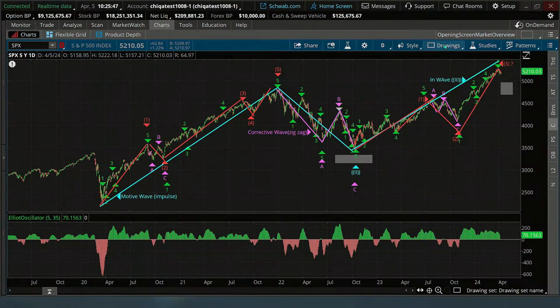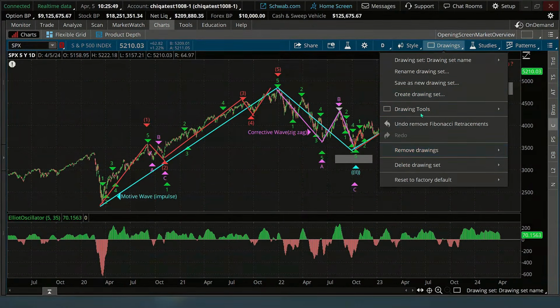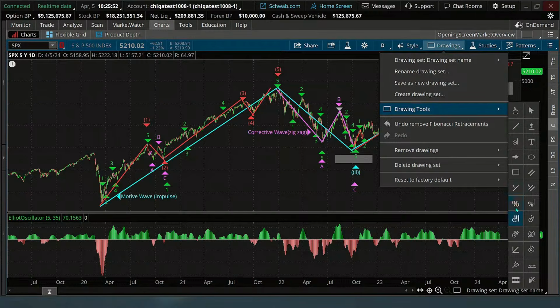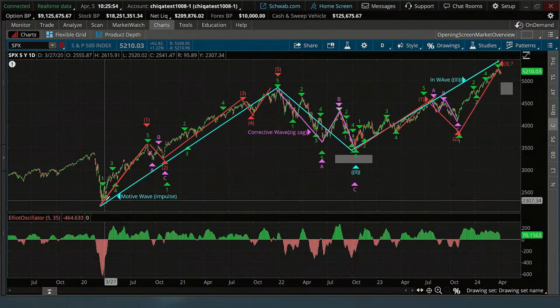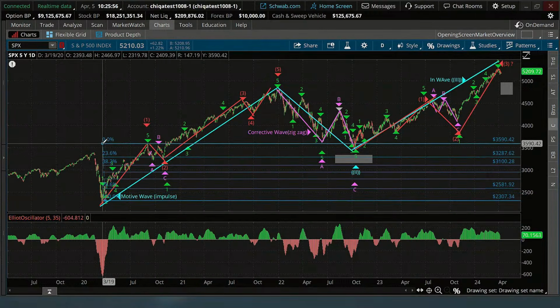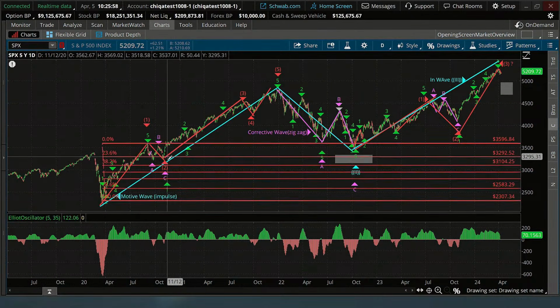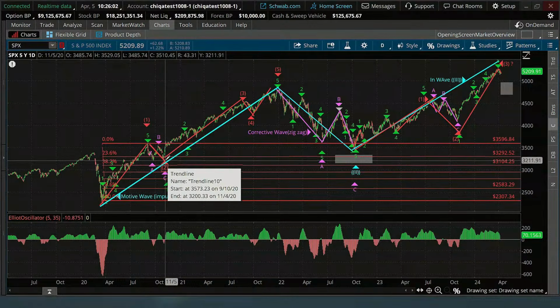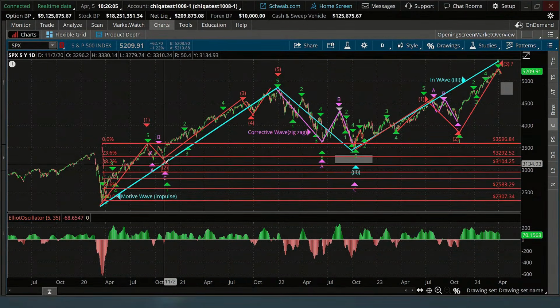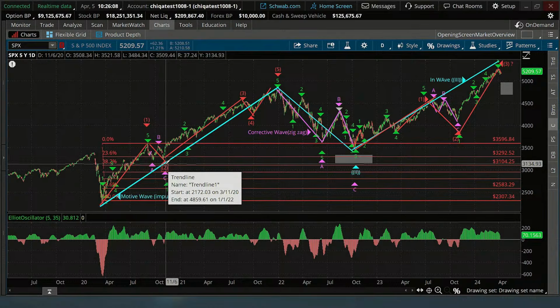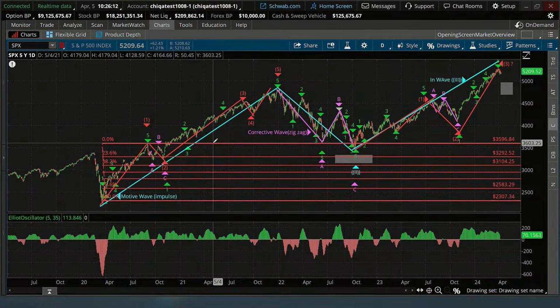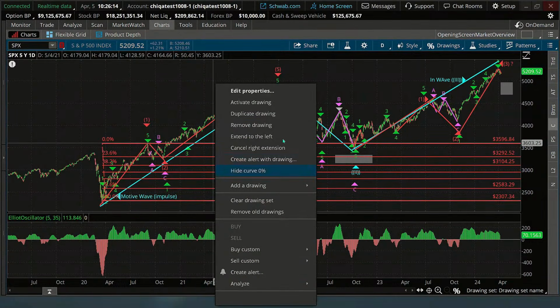So we're going to go back to our Fibonacci retracement tool. And we see that makes sense. That was a 38.2% retracement. So the way I have that labeled is probably correct. So that adds to your suspicion that your wave count could be correct.